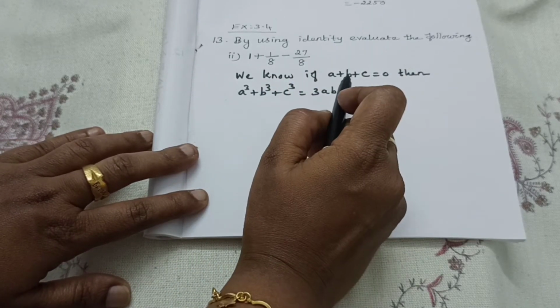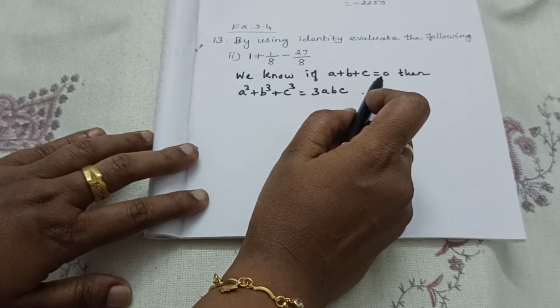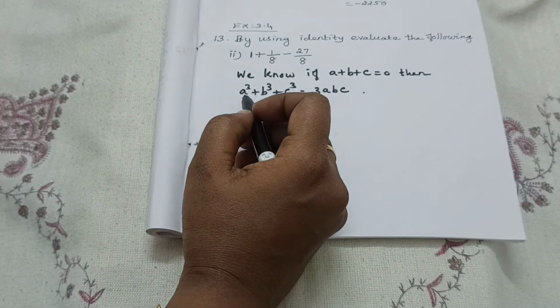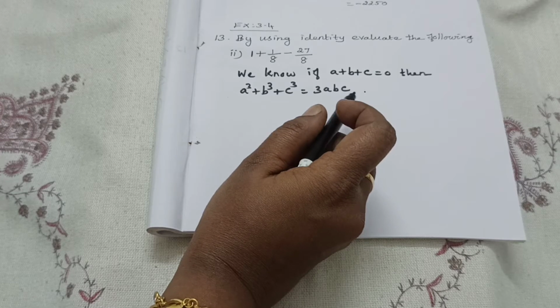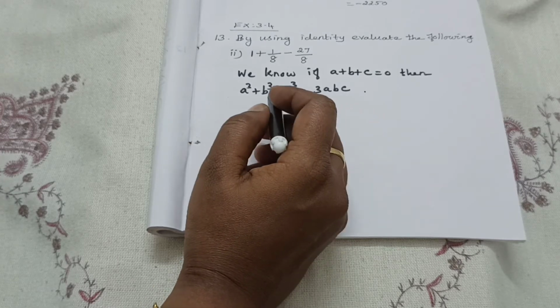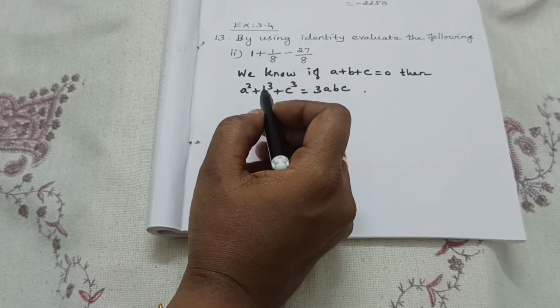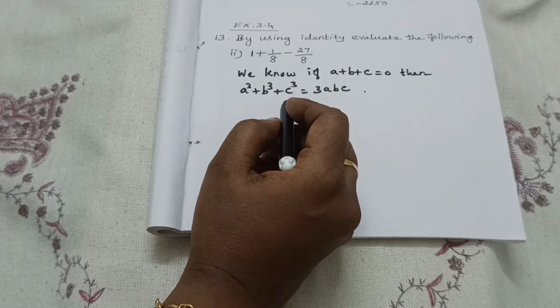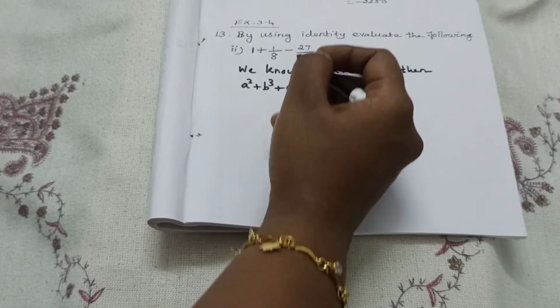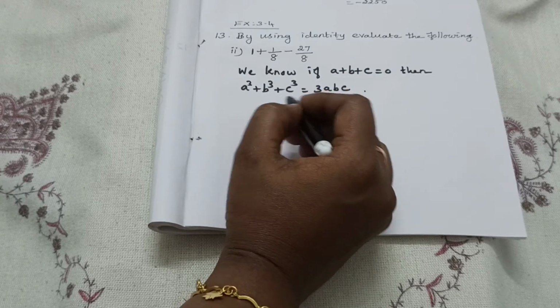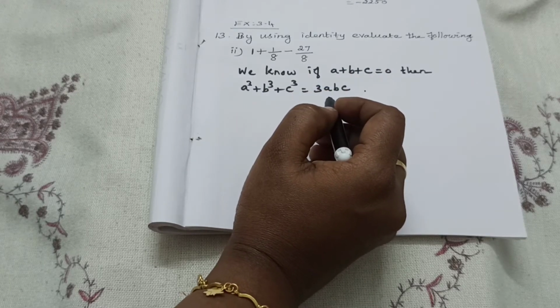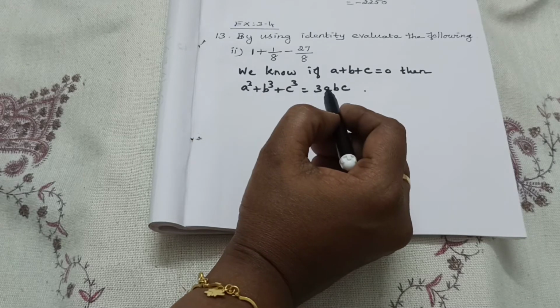Otherwise, if x + y + z = 0, then x³ + y³ + z³ = 3xyz. Like that also you can do. Okay. Here shall we check? These 3 values we have to substitute and add. If we get 0, then we can use this formula.